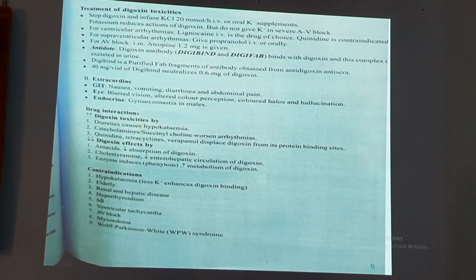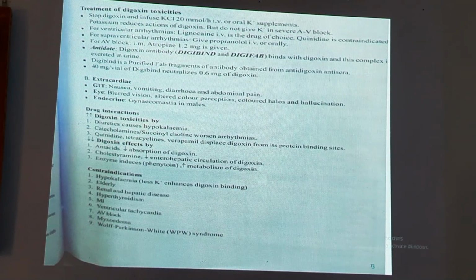So before starting potassium, we should ensure by ECG that there is no AV block. When AV block is severe, potassium supplementation should not be given. Otherwise, it is given.